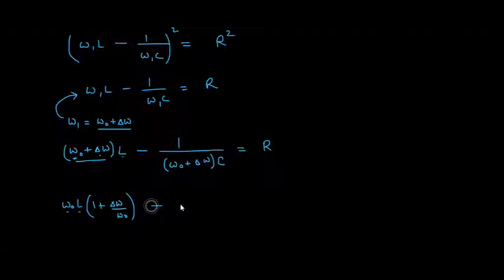Now minus, in the same way we'll take omega naught common from here. C is already here, so we can write omega naught C. If we take omega naught common, 1 is left, and there is no omega naught here, so it will come in the denominator, and this is the value we got.